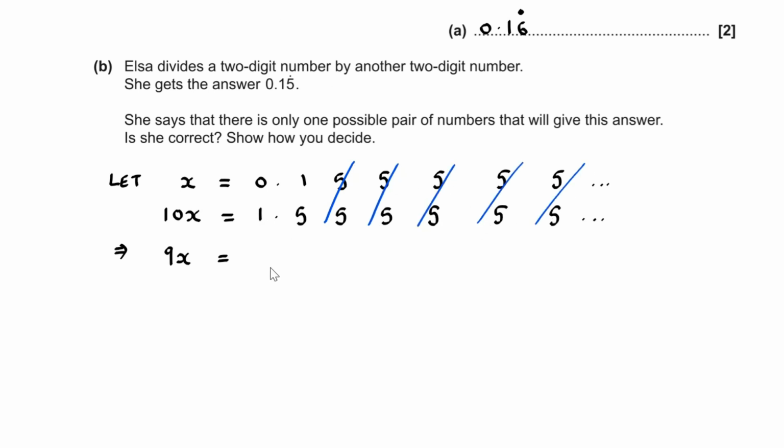So we've got 1.5 take away 0.1, which is 1.4. And therefore, what you can see then is x is equal to 1.4 divided by 9, which is the same as 14 over 90.